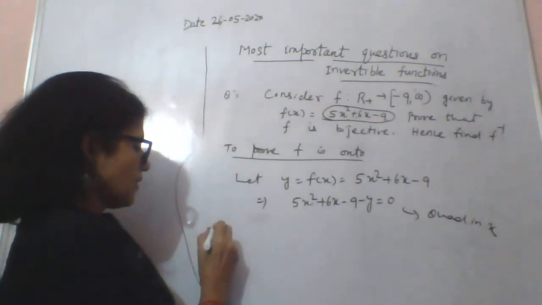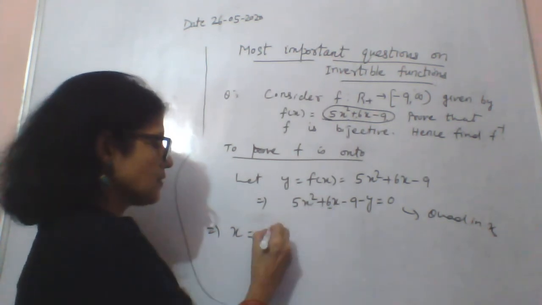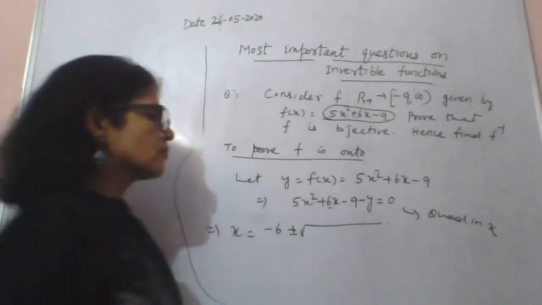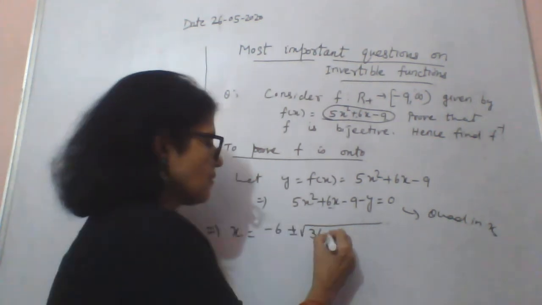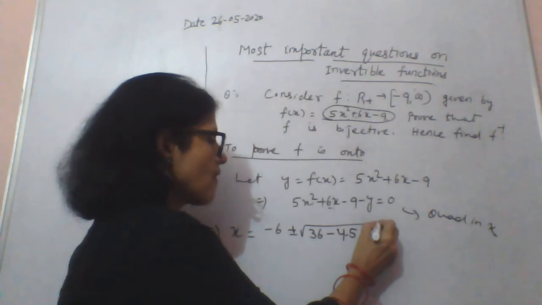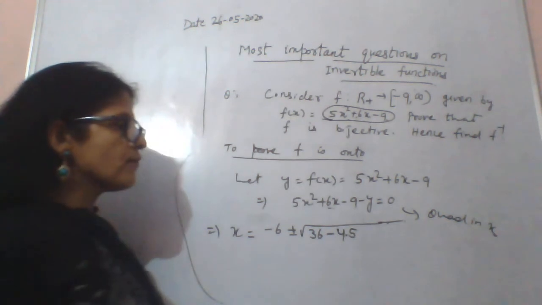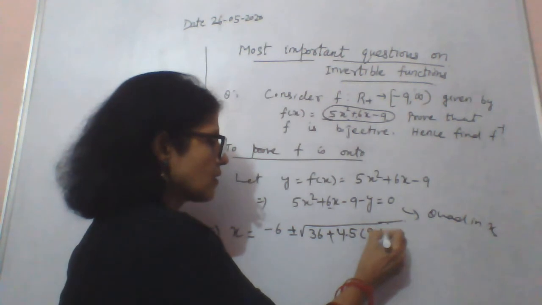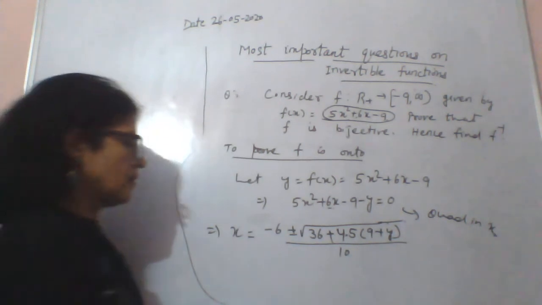So here it implies x equal to minus b, means minus 6, plus minus under root b square, which is 36, minus 4ac. c is minus of 9 plus y, so it becomes plus 9 plus y, divided by 2a, which is 10.